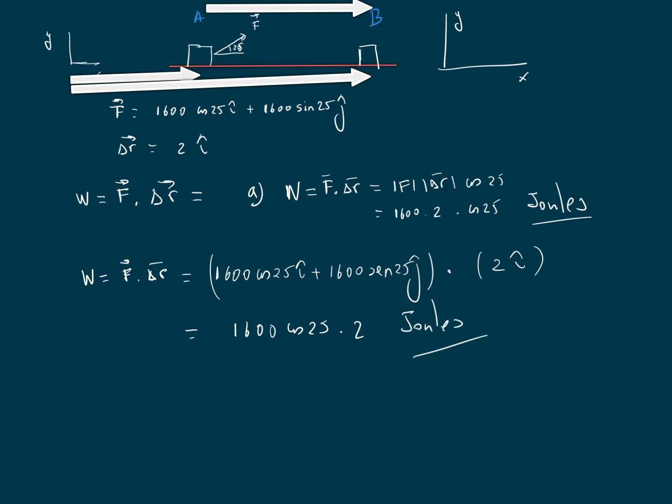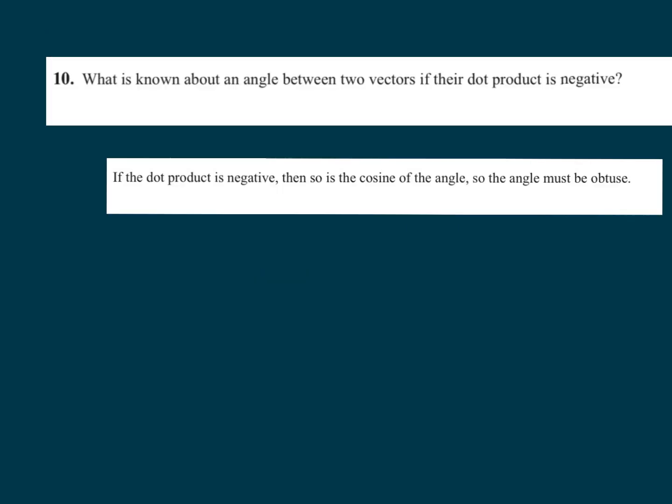Okay, let's go to the next. The last question says, what is known about an angle between two vectors if the dot product is negative? The dot product is the magnitude of A, positive, times the magnitude of V, positive, times the cosine of the angle, which could be zero, positive or negative.